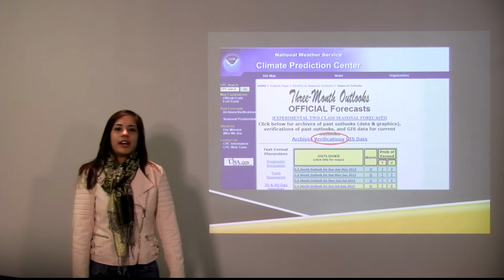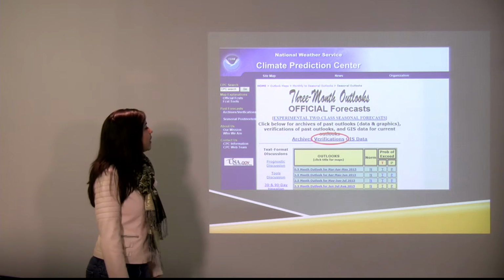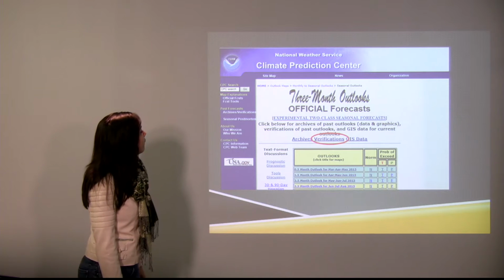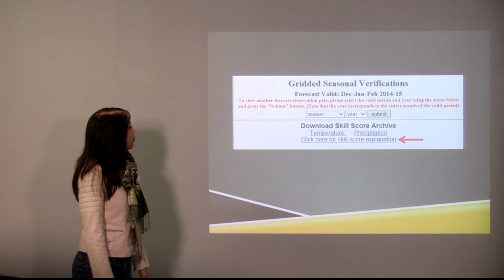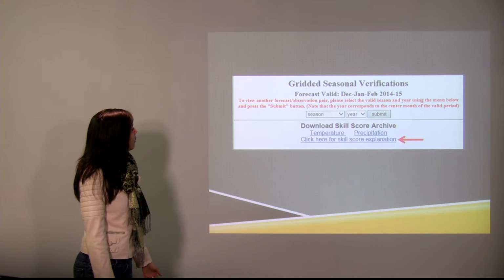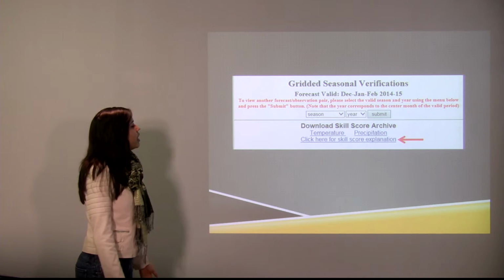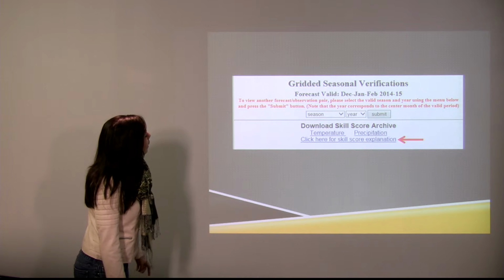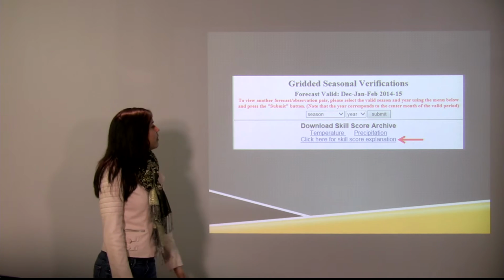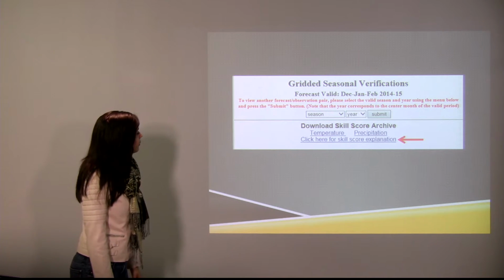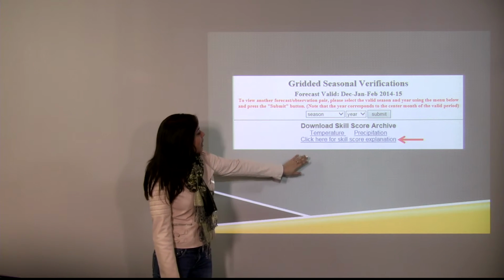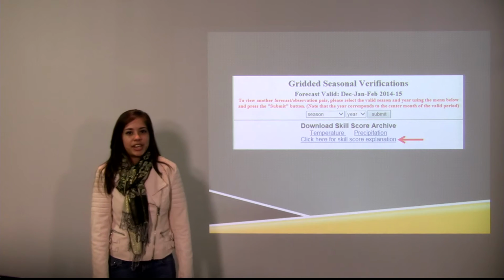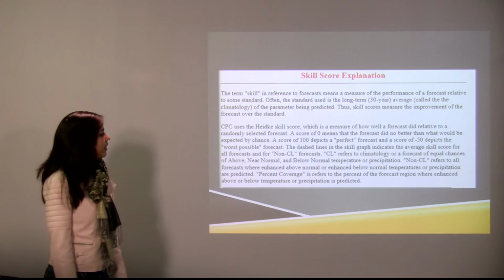Going back to your main page once again, the link for verifications, which is right here, is going to redirect you to another page where you can click the season and year that you would like to look at. And also right here, you can click to get a skill score explanation to understand what you're really looking at.